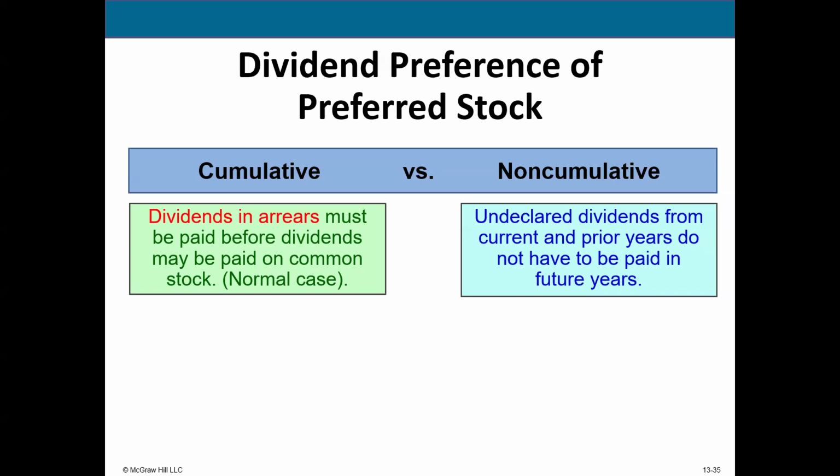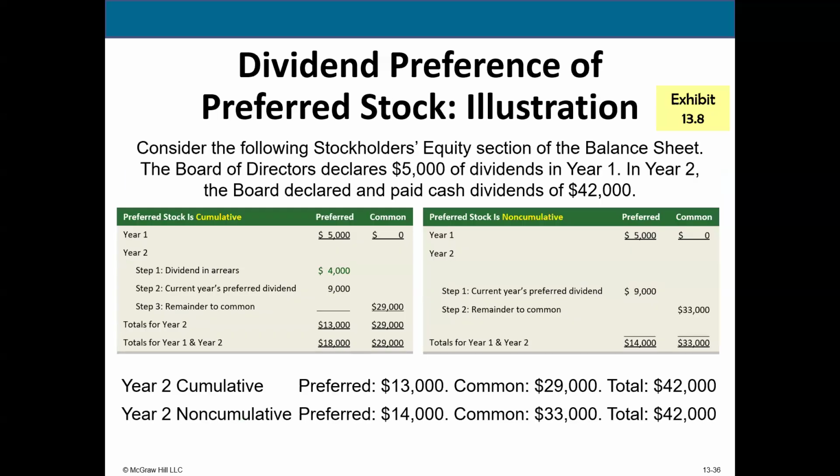So let me show you how this works in practice. On the left side, we see cumulative preferred stock, and on the right side, we see non-cumulative preferred stock. When it comes to cumulative preferred stock, any dividends from prior years get paid out first to preferred shareholders.